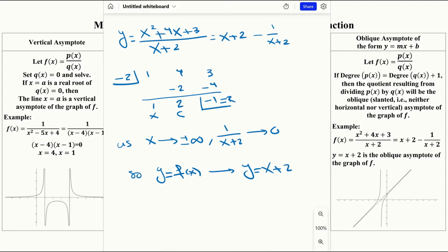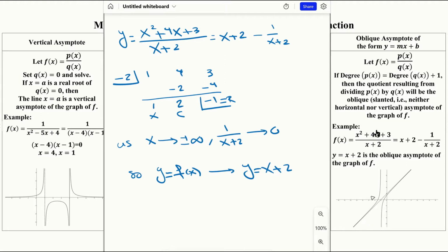That is why you end up with an oblique linear asymptote. Of course, and here it is. It's a very beautiful situation here. You can see the function, and on both ends, it's approaching this particular asymptote, which is y equals x plus 2.